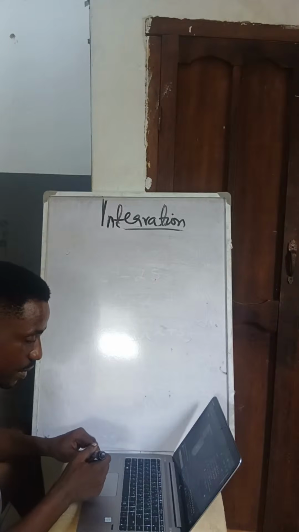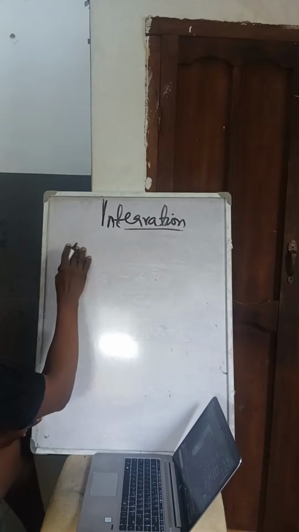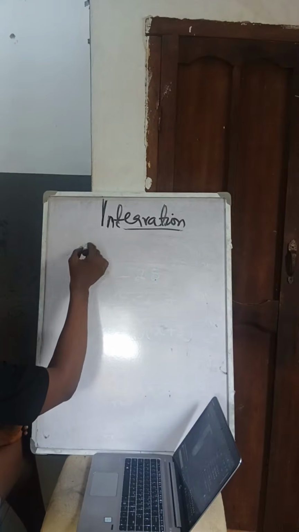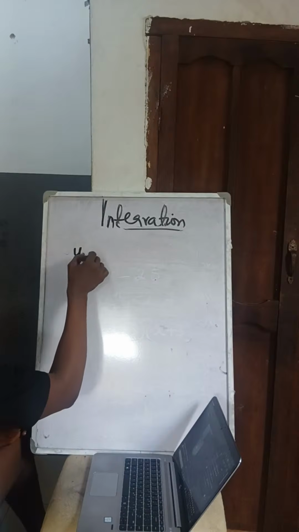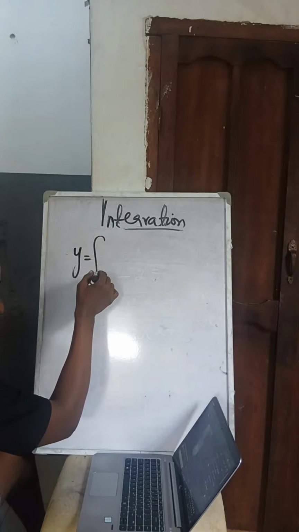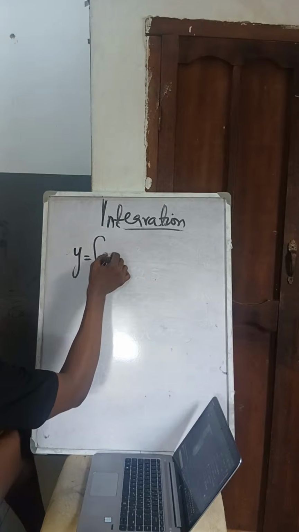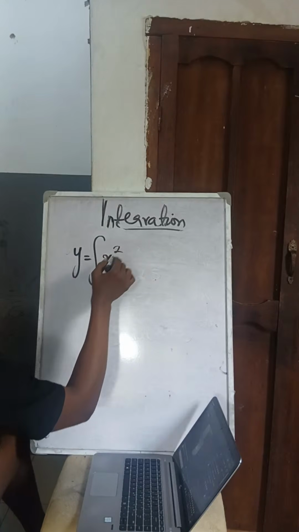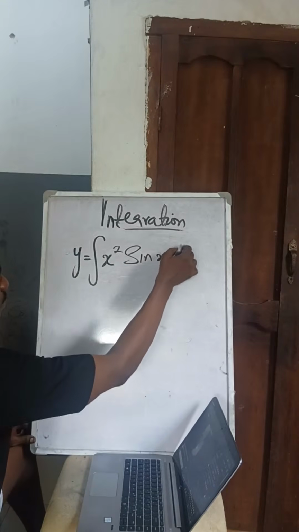Okay, we are still dealing with integration. So y is equal to the integral of x raised to the power 2 times sine x.